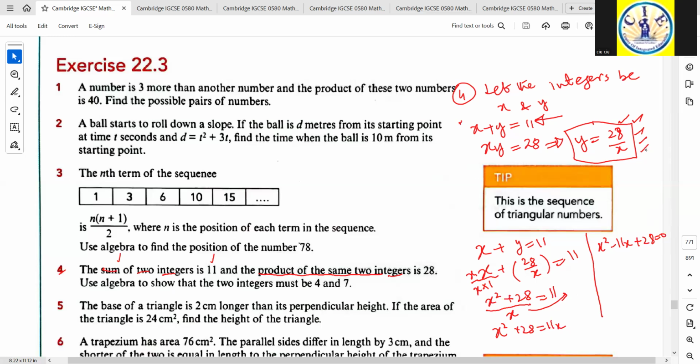Now I need to have the factors of 28. The factors of 28 are 2 and 14, then 7 and 4. So I'm going to have the pairs: x squared minus 4x and then minus 7x plus 28 equals 0.